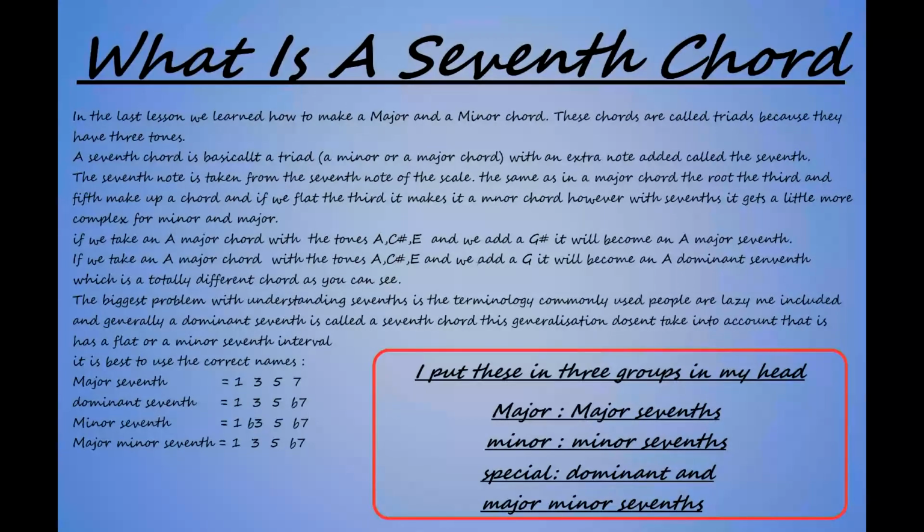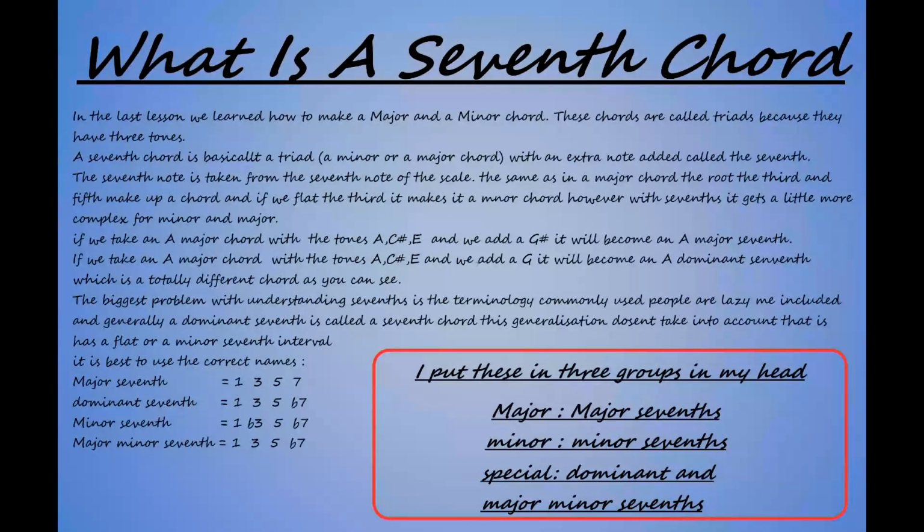The first 3 notes are 1, 3, 5 or 1, flat 3, 5, major or minor, and the 7th note is added, and that can be flatted or minored as well. So basically it's a triad, which is a major or minor chord, a 3-note chord with 1 extra note added, and that note is called the 7th interval.